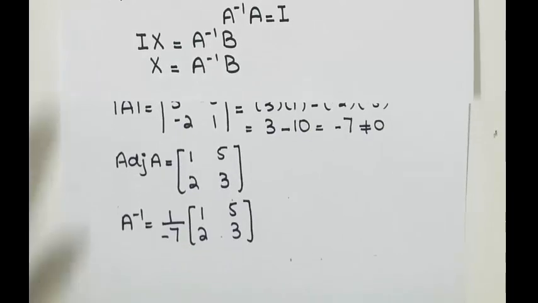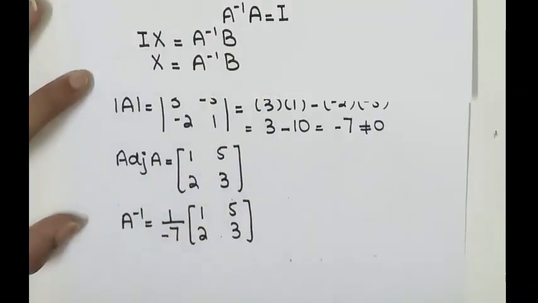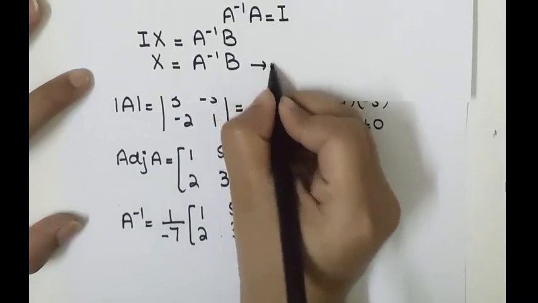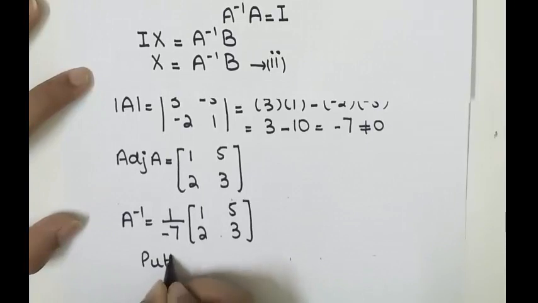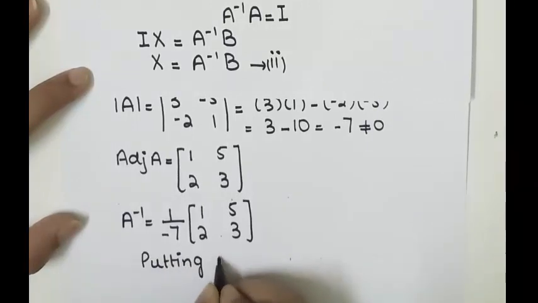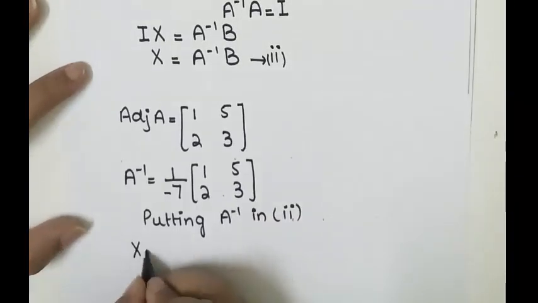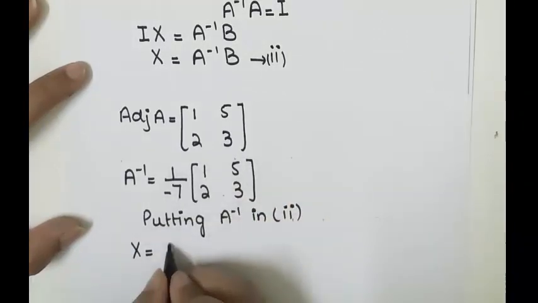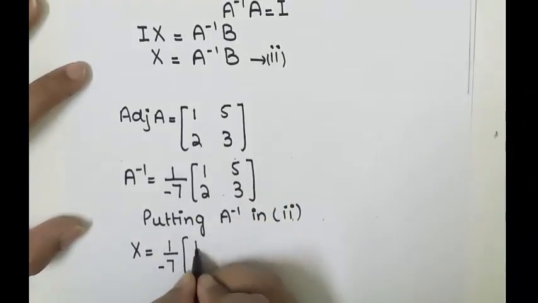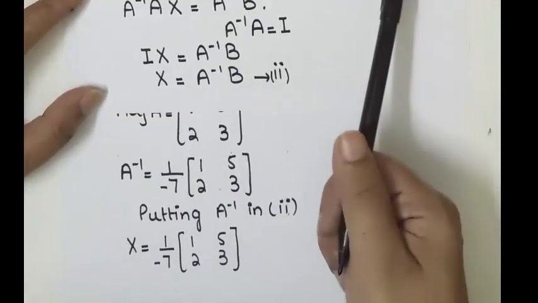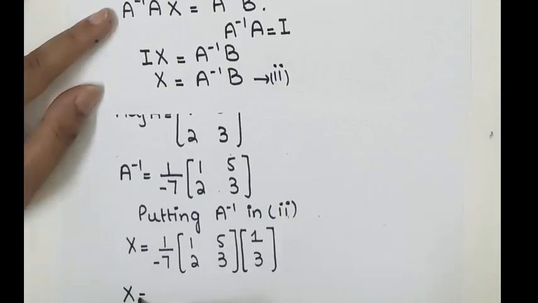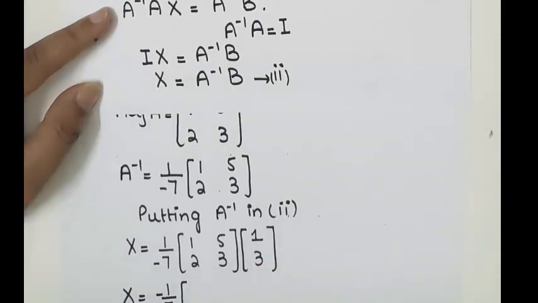Now we will find the value of this factor. Let me label this equation as 2 and put the value of A inverse in equation number 2. X is equal to this value for A inverse, writing it as it is, and then we have B. So now we have X equal to minus 1 over 7, and now we will multiply these two matrices.